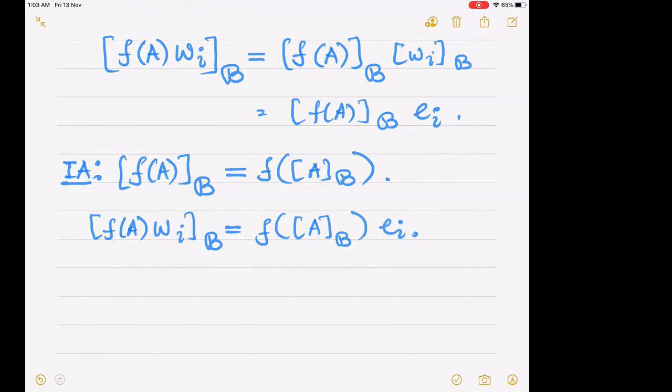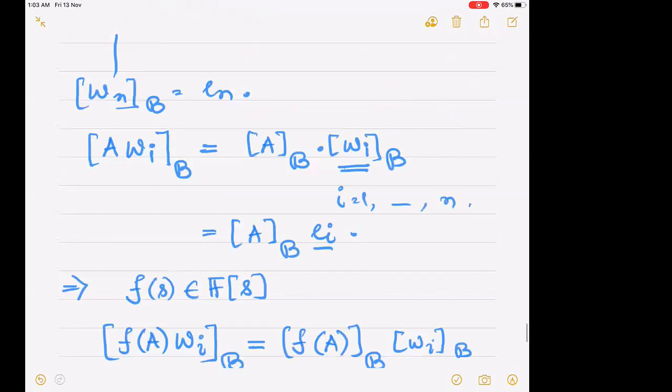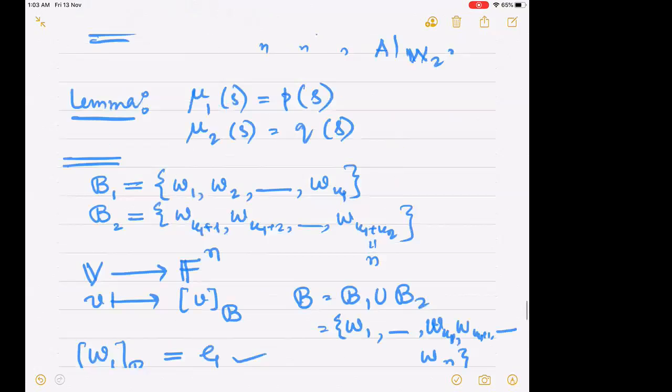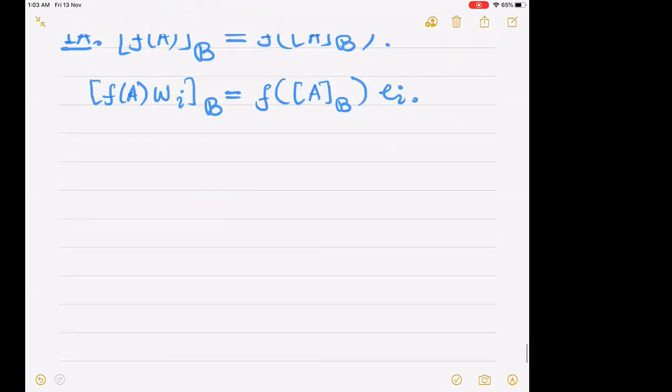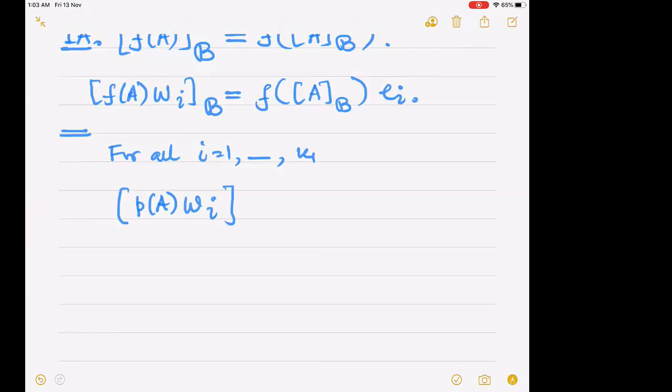Now, all right. So now notice the following. So first thing that we notice from this expression is the following. For all I going from 1 up to K1, if I take P(A) and make P(A) act on W_I and look at its representation, what am I supposed to get?